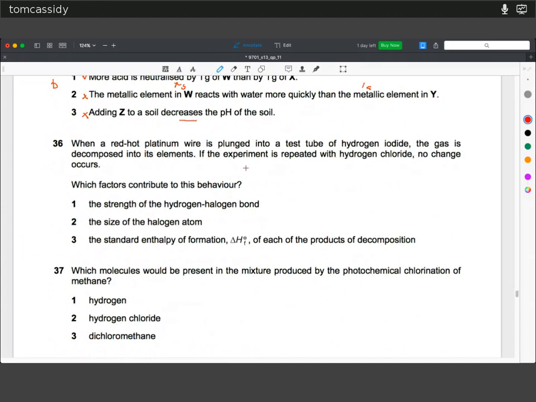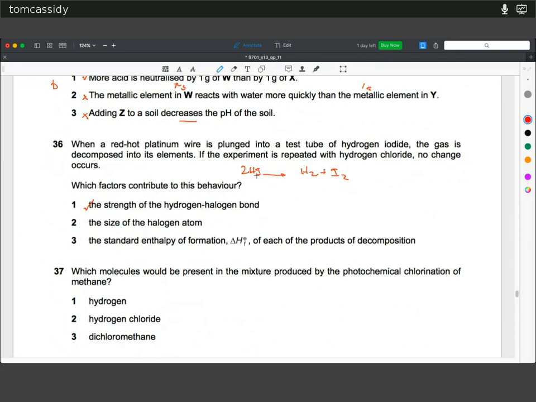This one, we've got hydrogen iodide, and that's going to hydrogen gas and iodine. And so we're breaking the bond between hydrogen and iodine. So what factors contribute? Well, the strength of the bond will. And actually, the strength of that bond is very affected by the size of iodine. Iodine is quite big, so it's quite a weak bond.